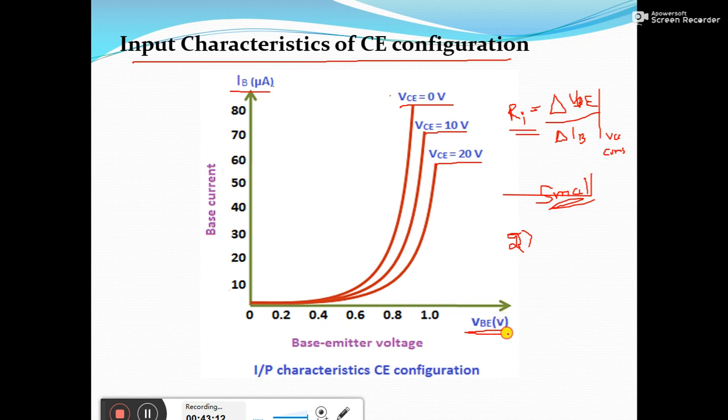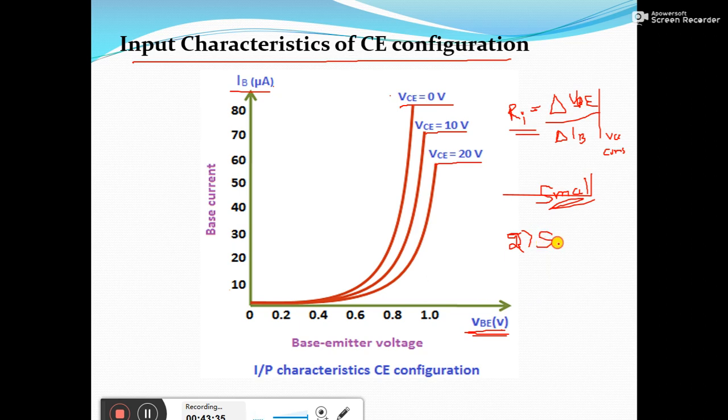After the applied voltage is greater than the cut-in voltage, you can see there is an exponential increase in the current. That's why I can refer to Ri as very small, and IB will be totally dependent upon VB. IB is dependent on VB. And Ri will be small only.